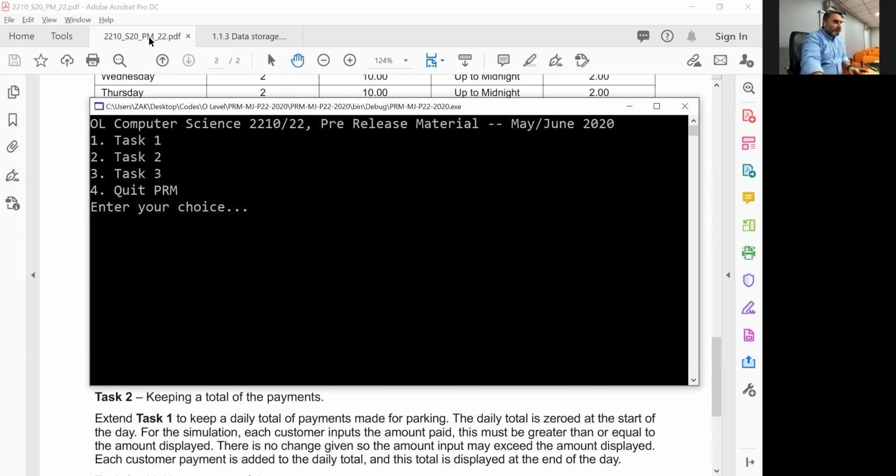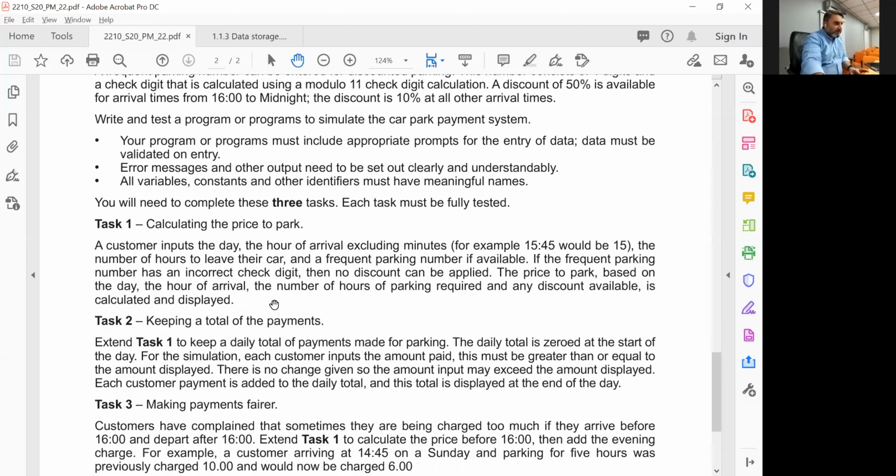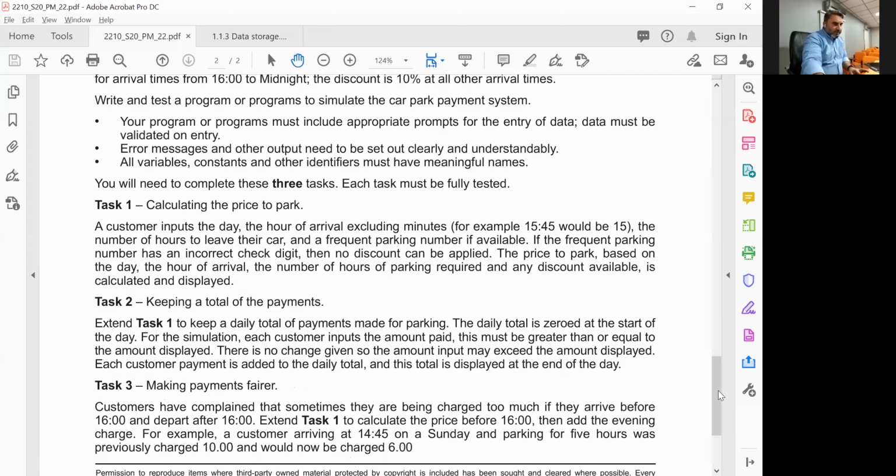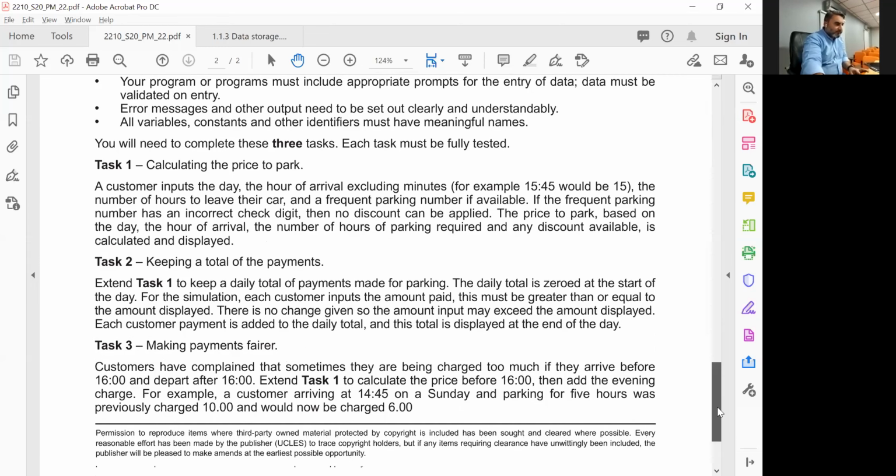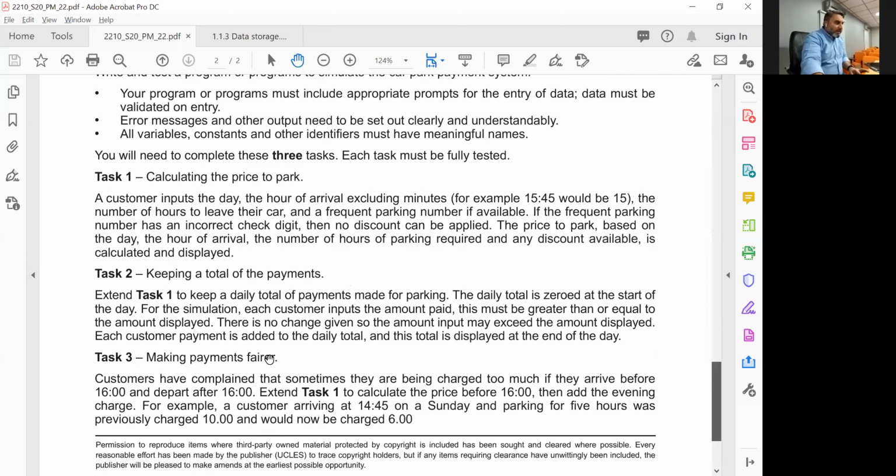Now, task 3. Let's visualize with this simulation how it works. Making payments fair.